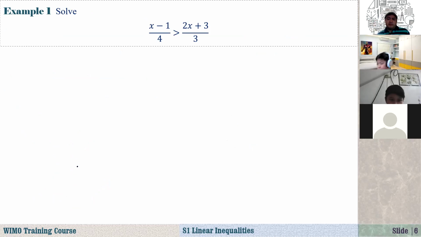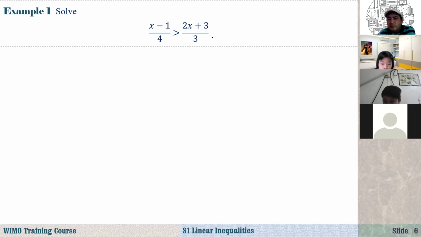So now let's start with a very simple inequality question. Okay, solve this inequality. On the left, we have x minus 1 over 4 is greater than 2x plus 3 over 3, right? And we know that in inequalities, if you multiply both sides by a positive number, it does not change the inequality sign, right? So what number should we multiply both sides by?